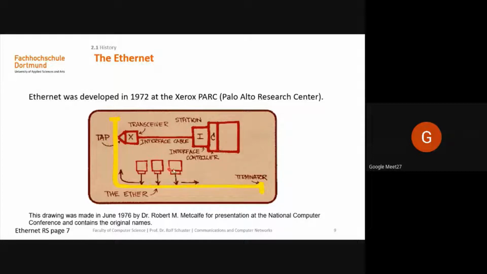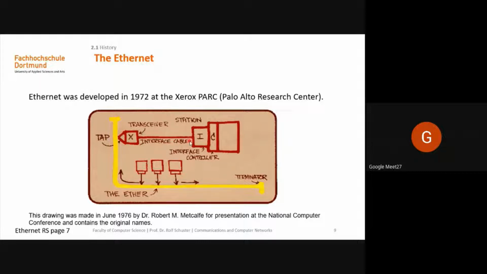In each of those stations, we typically have a communication controller, an interface, and a special cable, a special interface called AUI, adaptation universal interface.